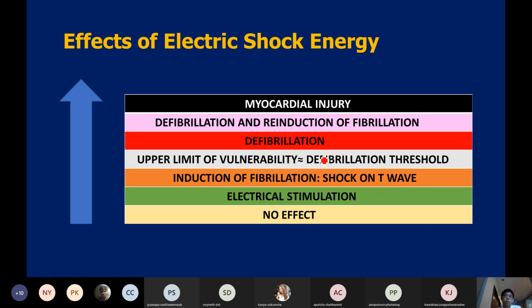But all you need to know on this slide is that electrical shock can be harmful to the patient if repeatedly delivered.